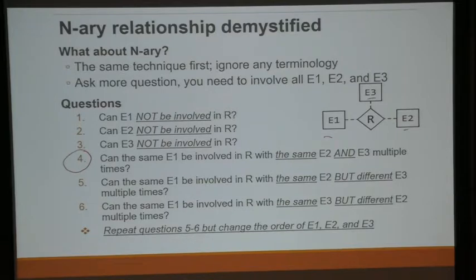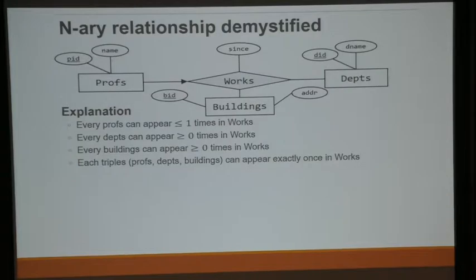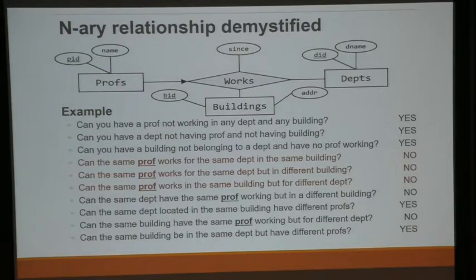So if you look at this, the professor can only appear at most once. So if you want to answer the question, the same prof cannot appear multiple times. Anything involving the same professor cannot appear multiple times.